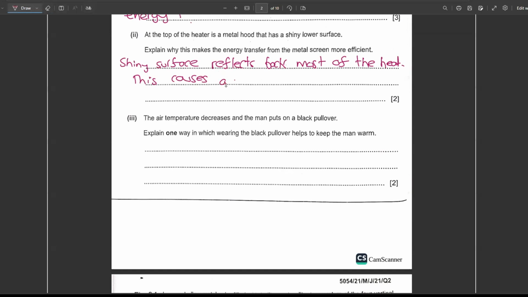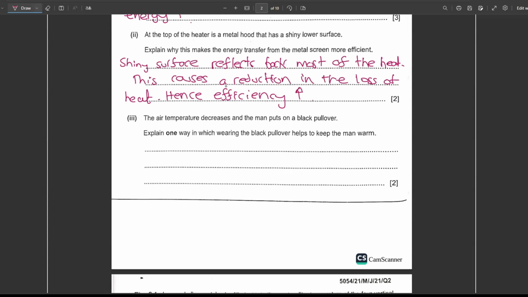Hence, efficiency increases. Okay. The air temperature decreases and the man puts on a black pullover.